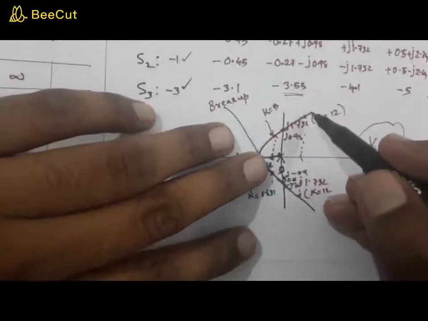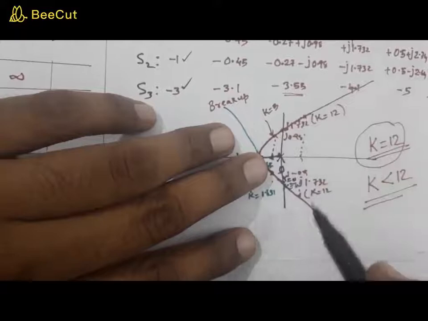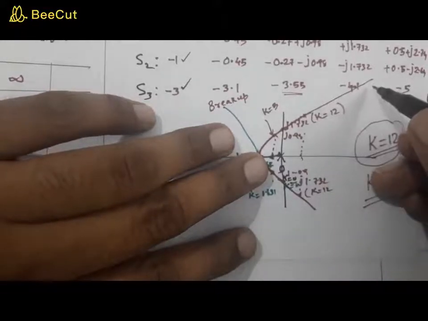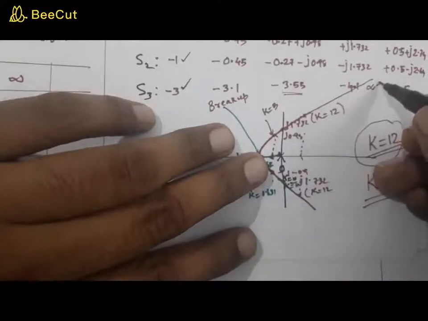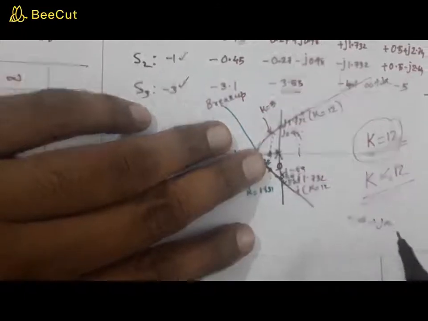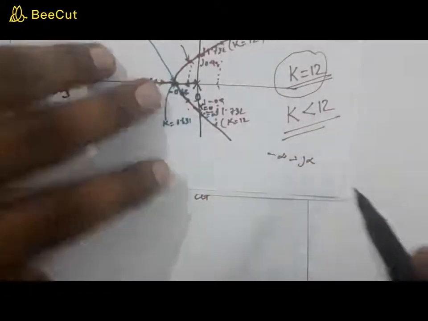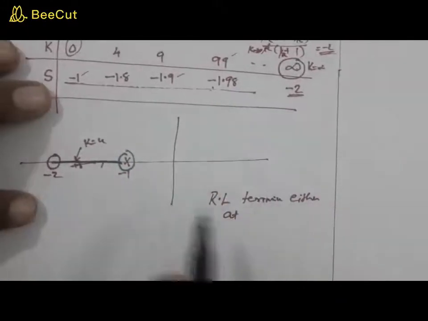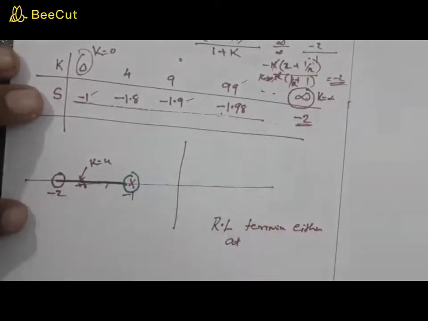Look at this. In that example, the value at k is equal to infinity is definitely going to be at a point called, say, infinity plus j infinity, and this will be minus infinity minus j infinity, right? So it will be going in this way. Now in this problem, at k is equal to infinity, this root comes at minus 2.